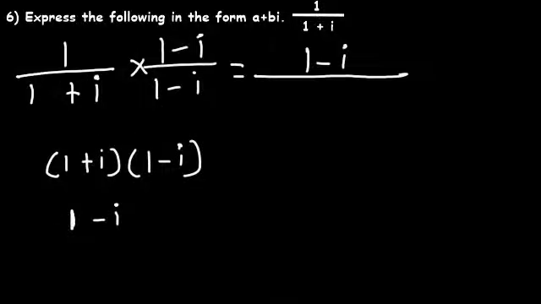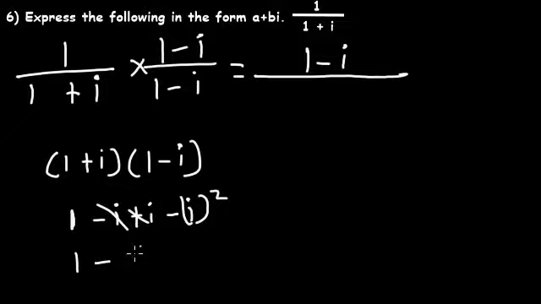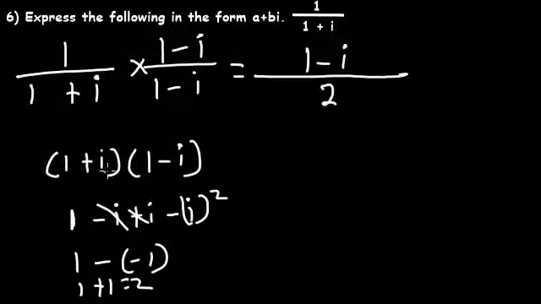And negative i times positive i gives us negative i squared. Don't forget, i squared is negative 1. So we have 1, and the i terms cancel since they are of opposite signs, right? Then minus i squared, and i squared we said is negative 1. So negative times negative 1 gives positive, and then we have 1 plus 1 equals 2. Therefore, the denominator reduces to 2.